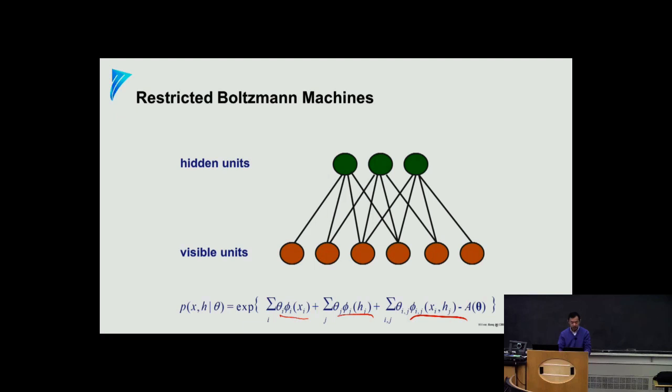So why is this model interesting? I'm going to tell you a number of stories down the road about its deep connection to the deep neural networks that we are now enjoying so popularly. For example, if you add another layer on top of it, you can keep adding and make a deep neural network.